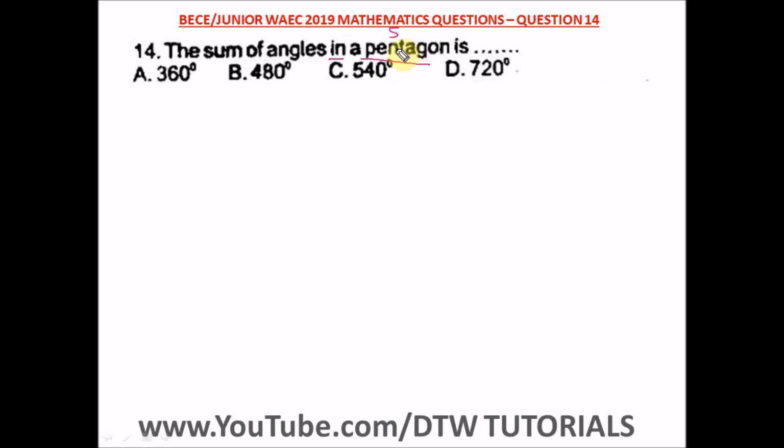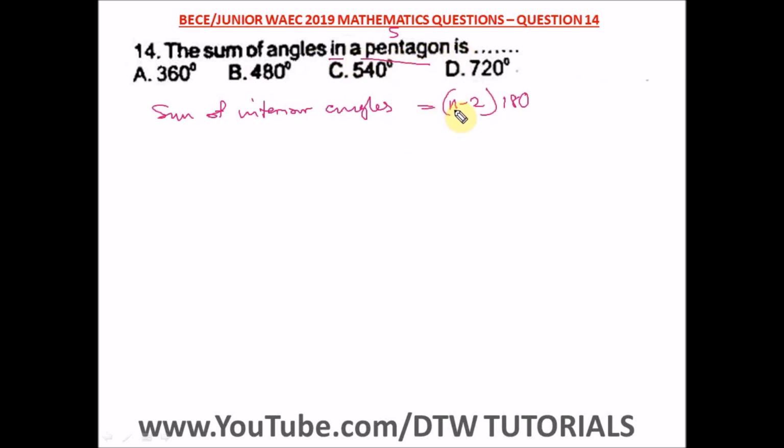So from here, the formula for finding the sum of interior angles of any polygon is equal to what? N minus 2 bracket 180. So here we're looking for the sum of angles in a pentagon.